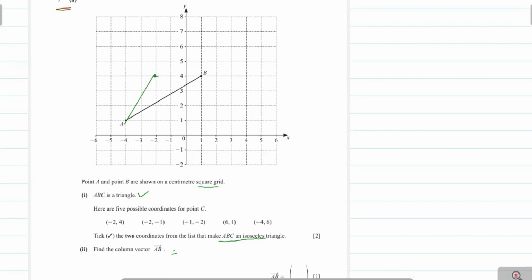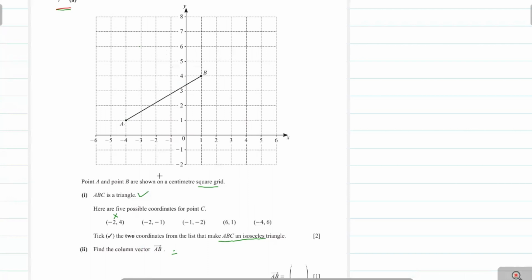You see here from this triangle, the lengths of BC, AC and AB are different. Therefore, this point will not be the point C for an isosceles triangle. Next, we will erase these triangle lines and check the next point.